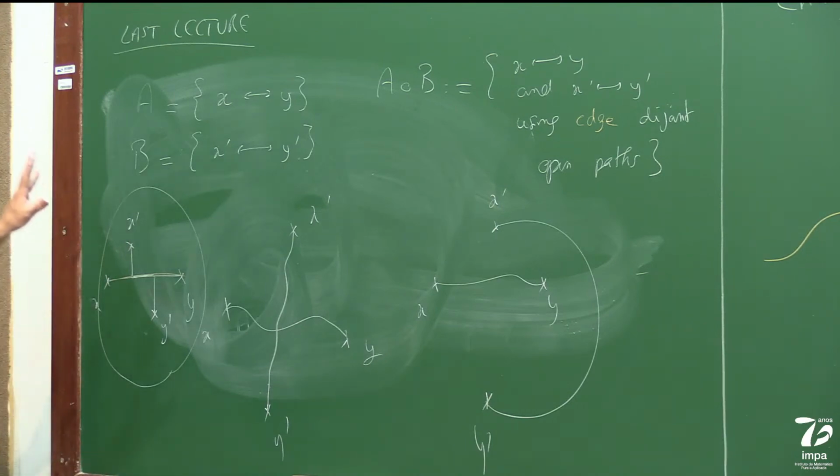So this is the intuition for the definition, and now I want to find a way to generalize it to general increasing events, because it's clear what it means for connection events.